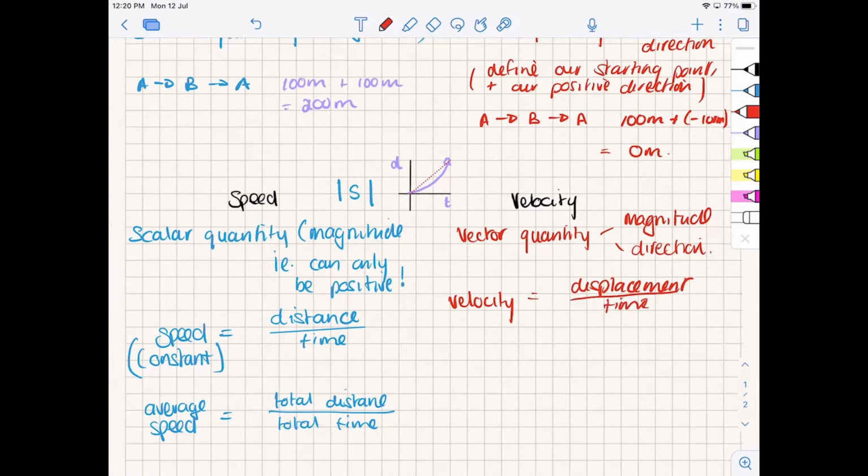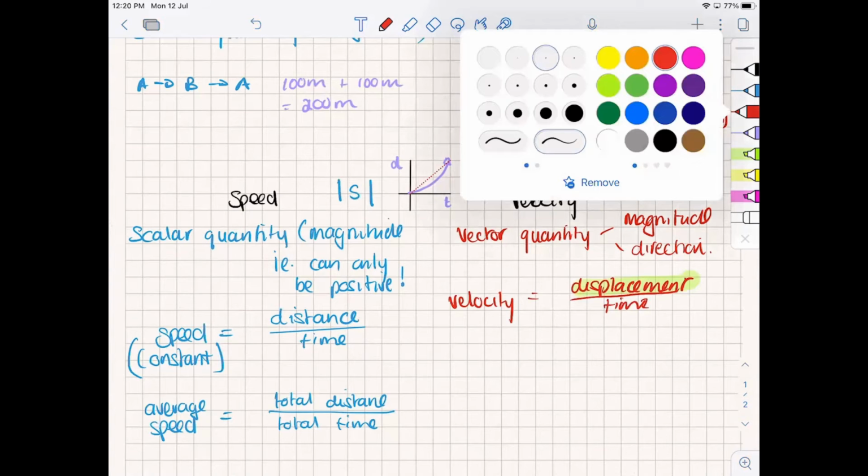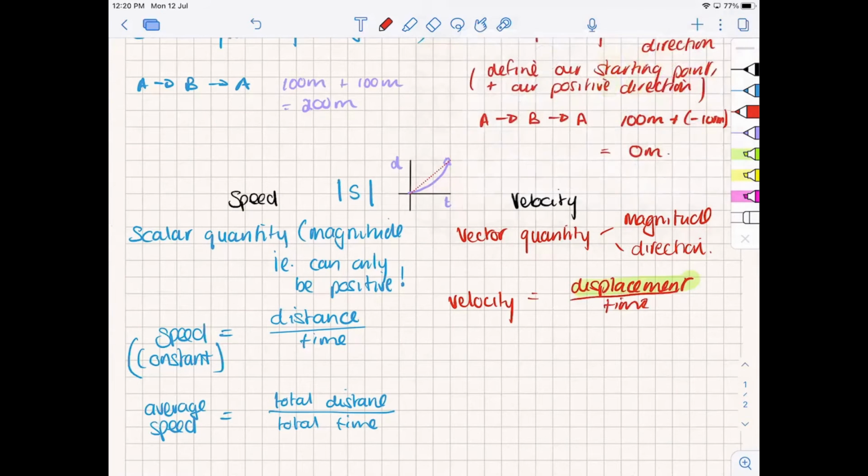And you can clearly see, because velocity is displacement over time, because we are using a vector quantity, we are getting a vector quantity out.